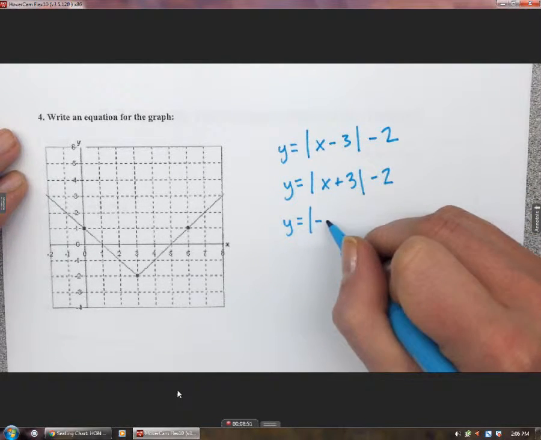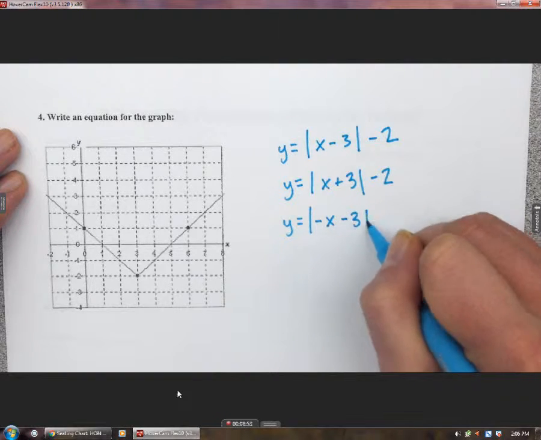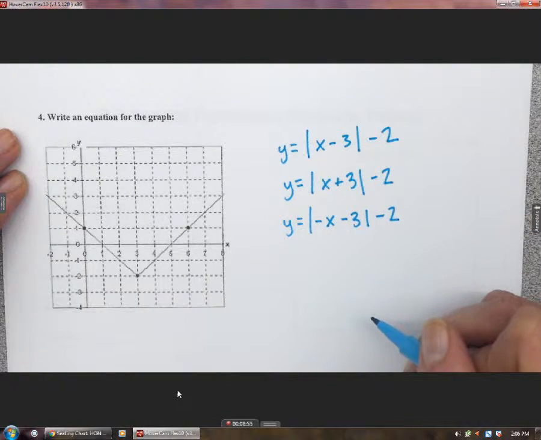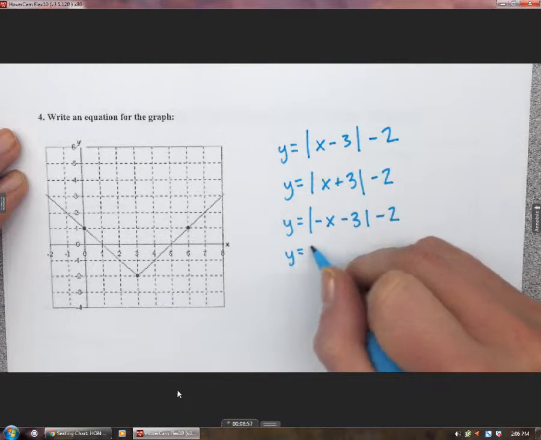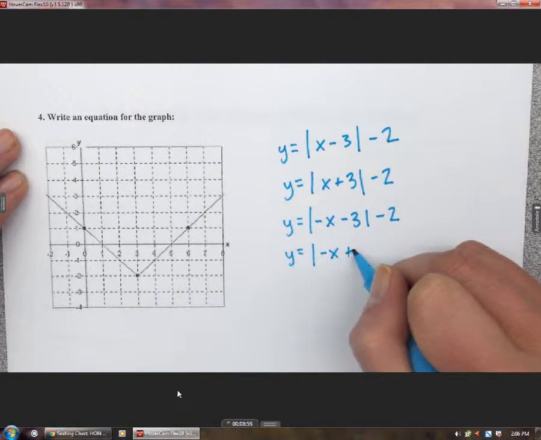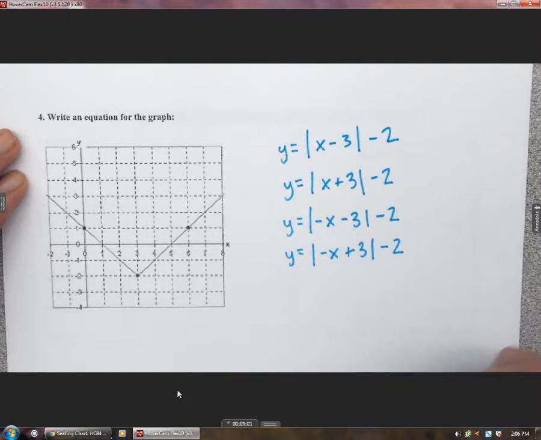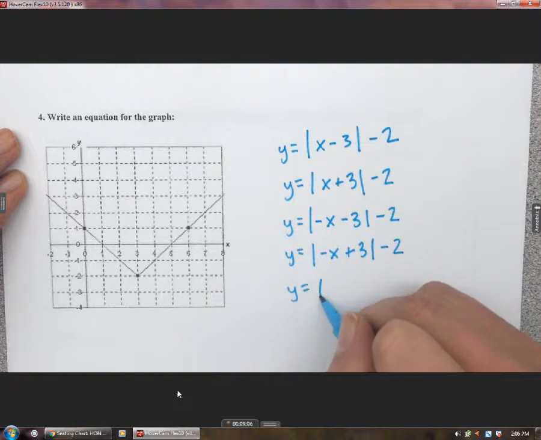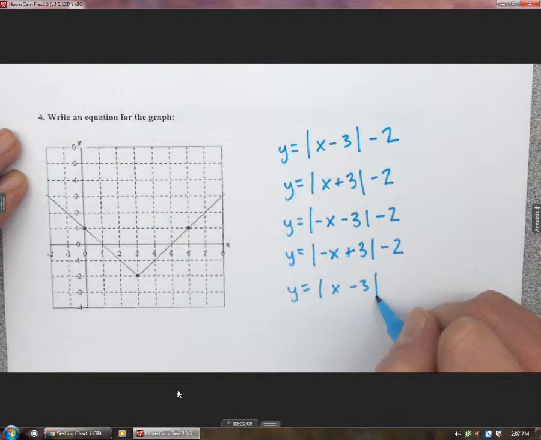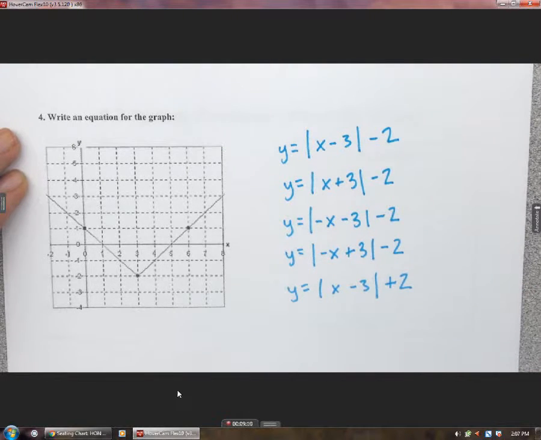It might say -x minus 3 minus 2. It might say -x plus 3 minus 2. It might say x minus 3 plus 2, and tons of other stuff.